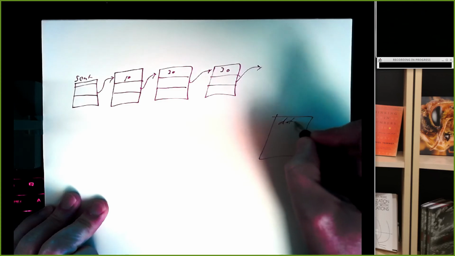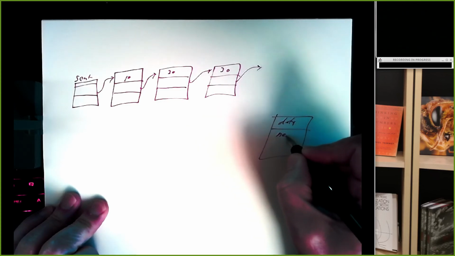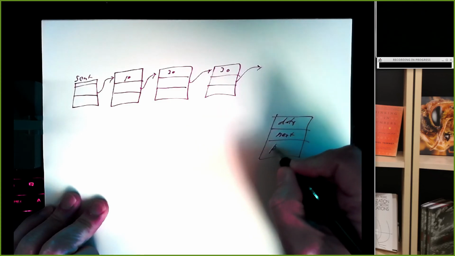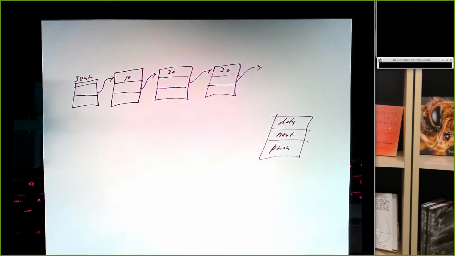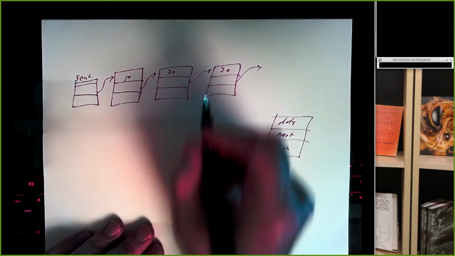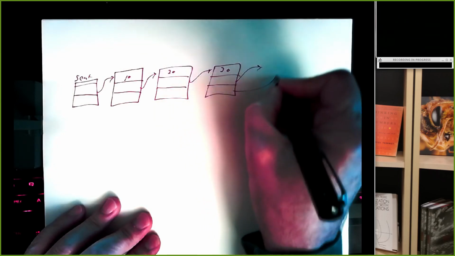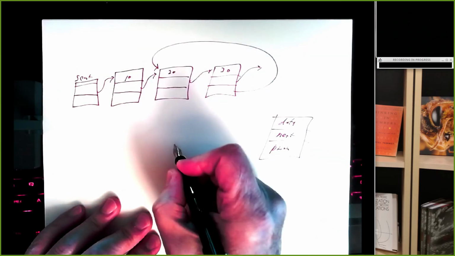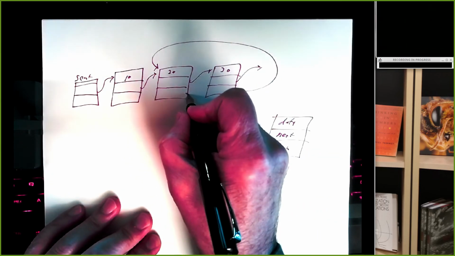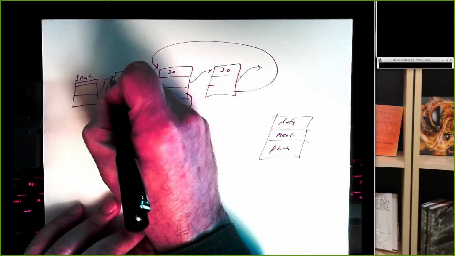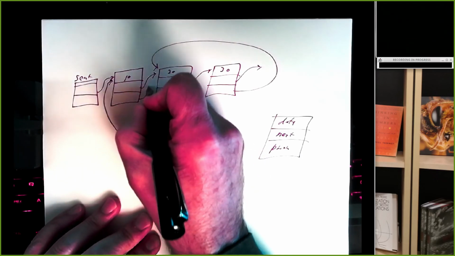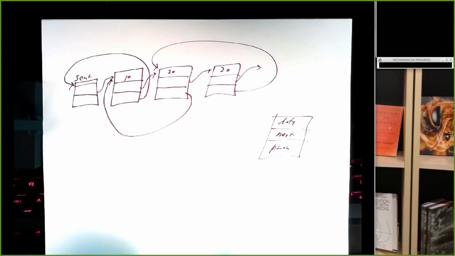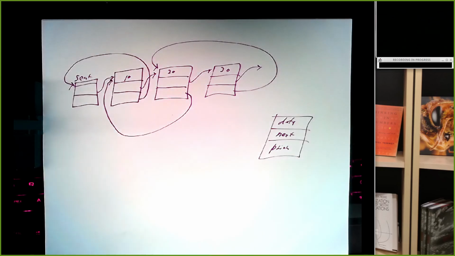So we have a data node, we have a next node, and we have a prior node. And so this would point back to the prior node, and this would point back to the prior node, and this would point back to maybe the prior node. And so we have a pair of pointers in each node.